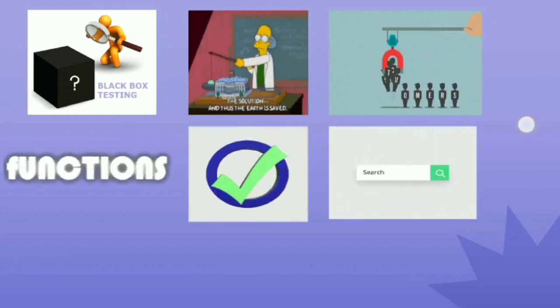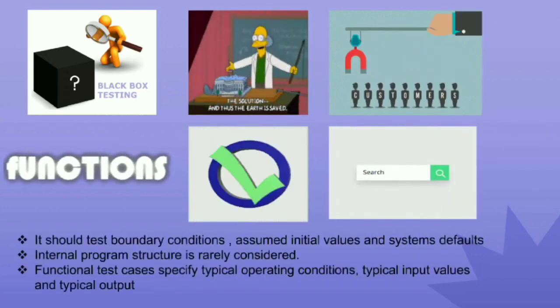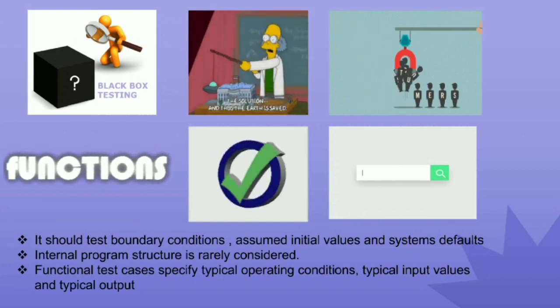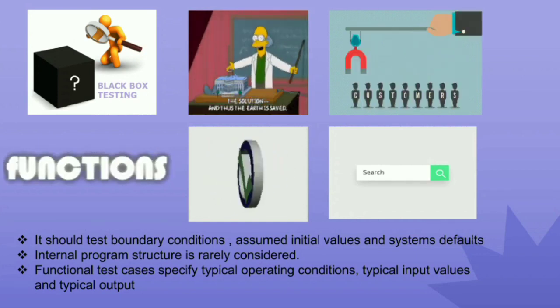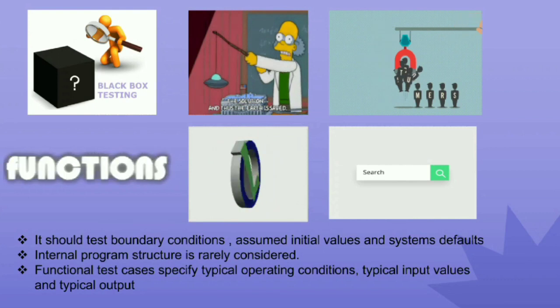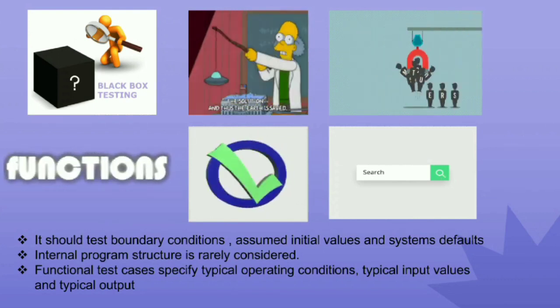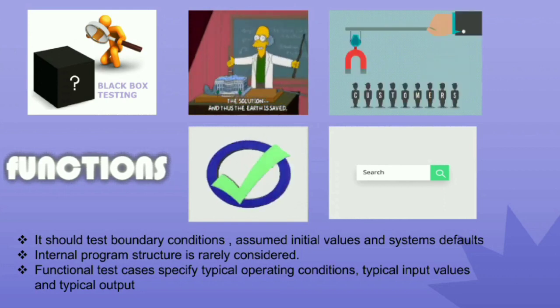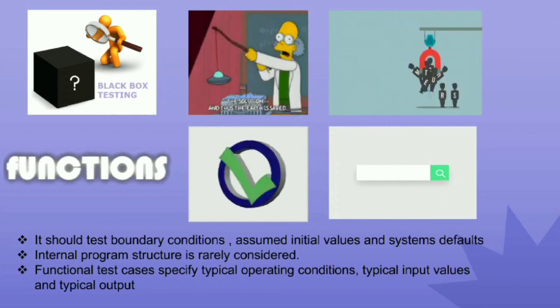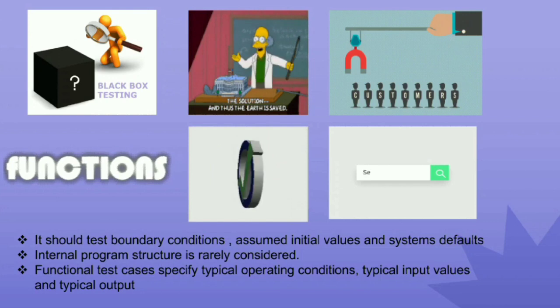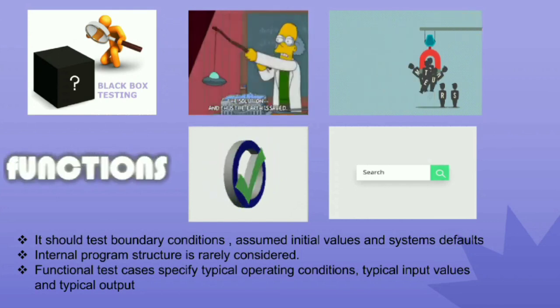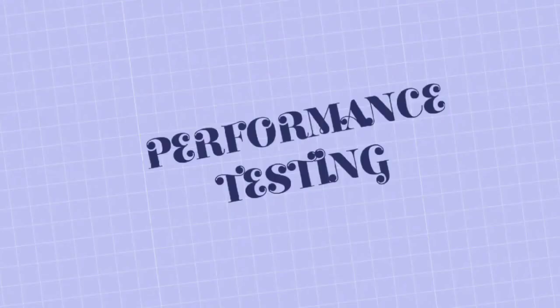Functions are tested by feeding them input and examining output. It should test boundary conditions, assumed initial values, and system defaults. Internal program structure is rarely considered. Functional test cases specify typical operating conditions, typical input values, and typical output values.